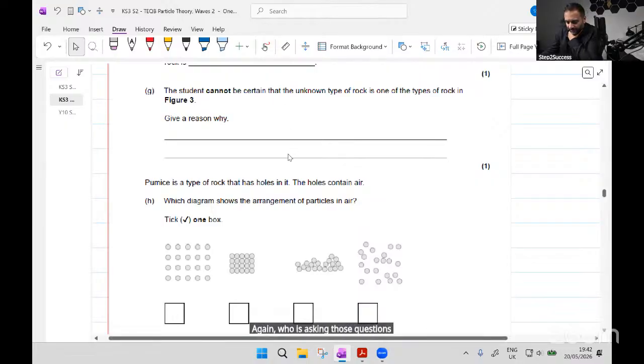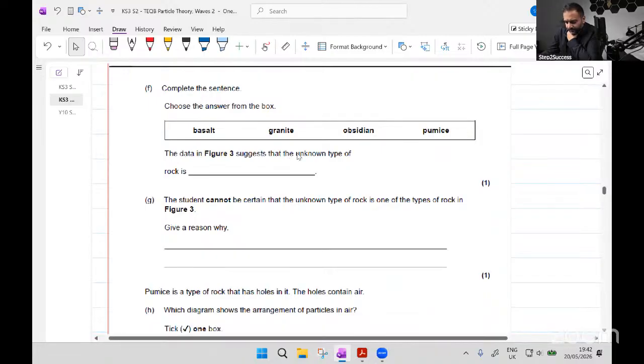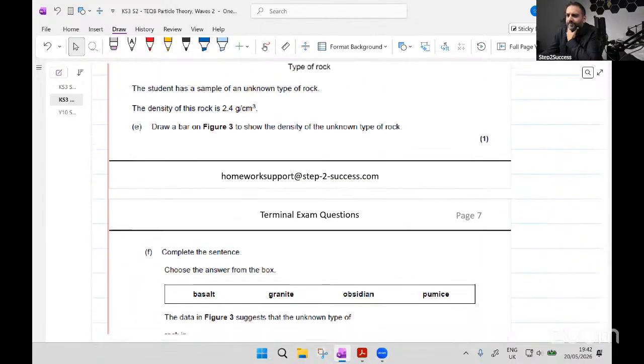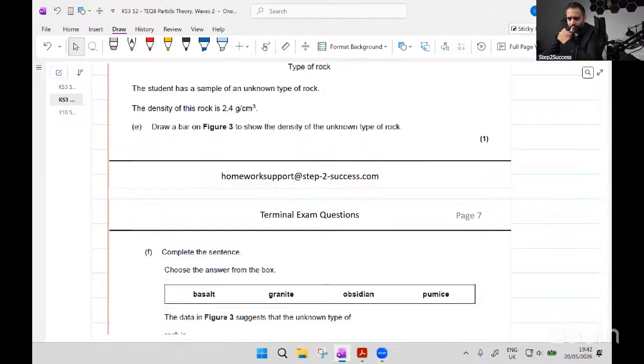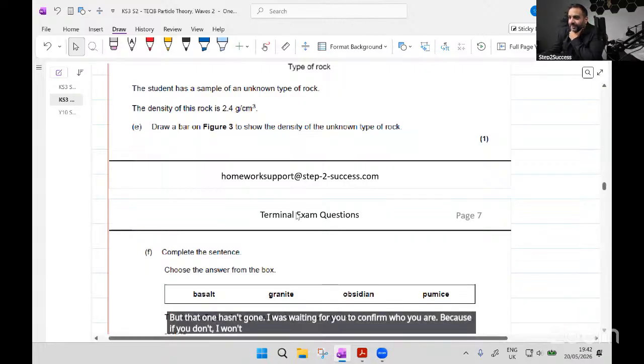Booklet 2, 1I, to clarify who it is. The sound hasn't gone. I was waiting for you to confirm who you are. Because if you don't, I won't answer the question. Anybody else got any other questions?